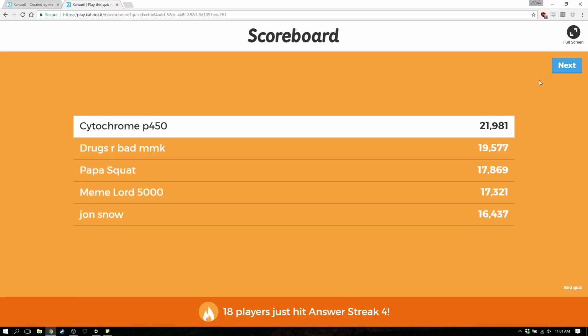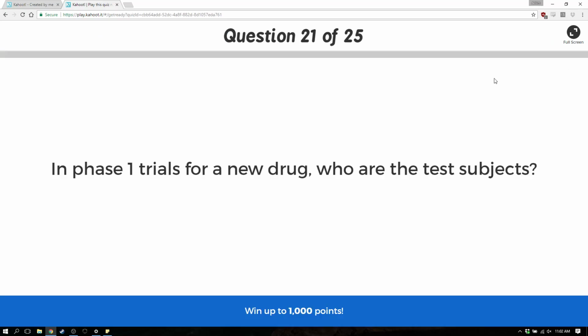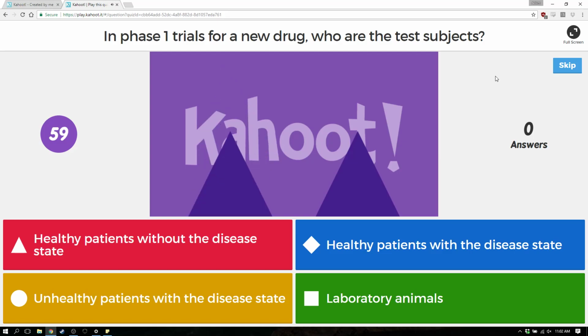Okay. In phase 1 trials for a new drug, who are the test subjects? Good thing I already gave this one away. I did not write this very well. These are very poorly worded answers.